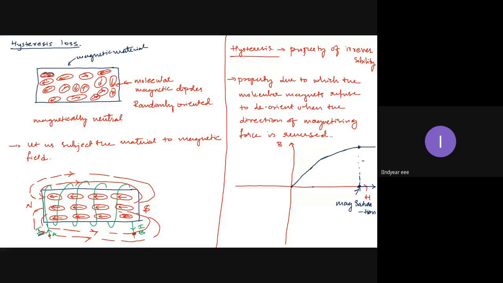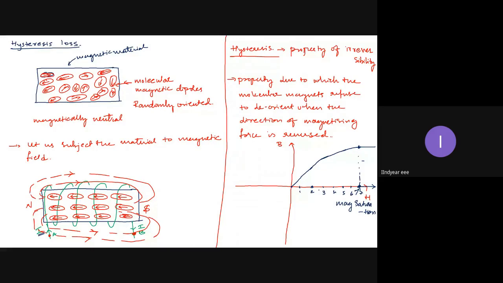Now, what I have done is increased the magnetizing force from 0 to some value. Let us take only up to saturation. I will not increase beyond saturation. Suppose I have increased the magnetizing force in some steps: 1, 2, 3, 4, 5, 6, and 7.